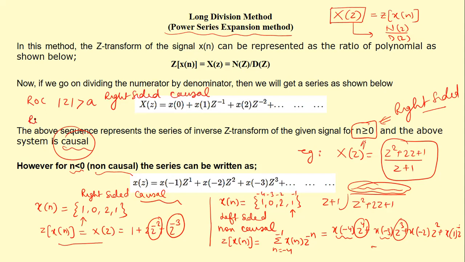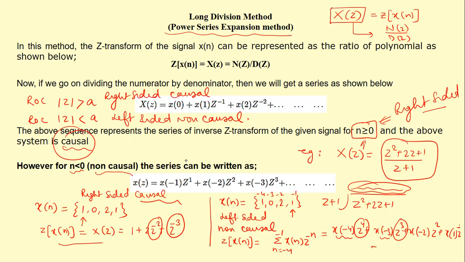And if the ROC is z less than some value a, or minus a, for example, then it is left sided non-causal, right? So this is what we have to take care of while applying the long division method to get the inverse z transform of the given z transform, right?